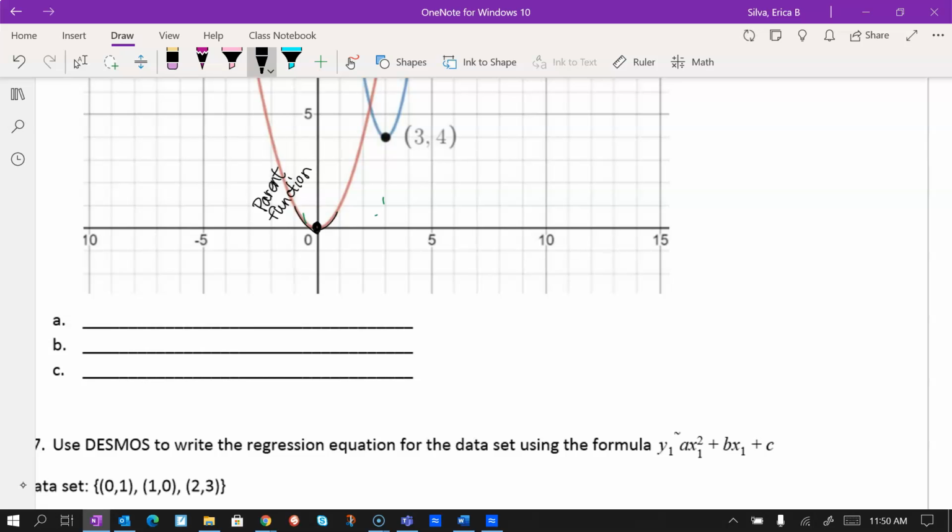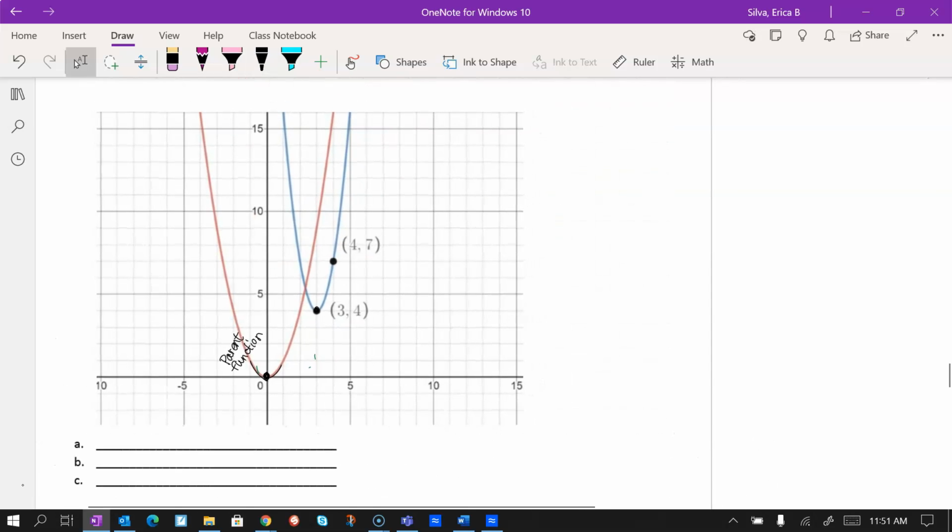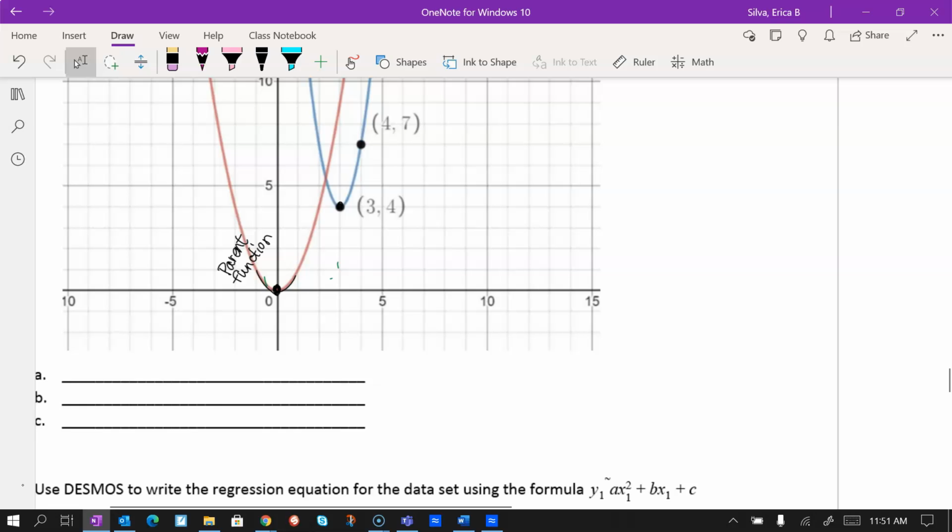The transformation is for us to say what is happening to my graph to get to this blue graph. So if we're going from this vertex to this vertex, that means we're going right 3 units. And then we're going up 1, 2, 3, 4 units.